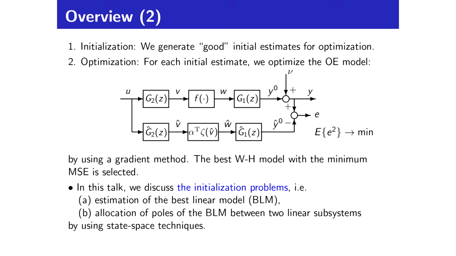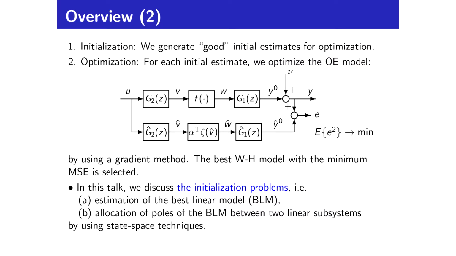The first step is initialization. In the initialization step, we generate good initial state estimates for optimization. And for each initial estimate, this model is optimized by using a gradient method. Of course, the criterion is the output error.